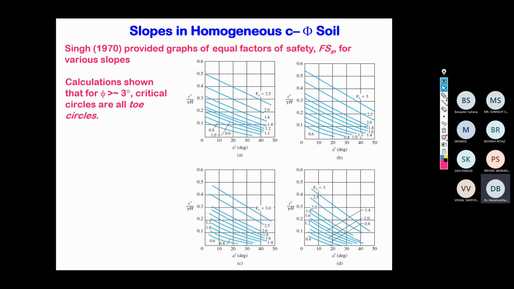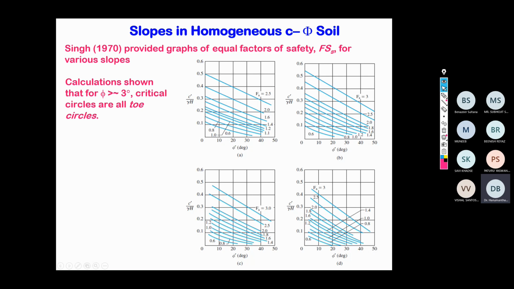That is how the friction circle method is used to determine the factor of safety. Alternatively, Singh in 1970 has given a bunch of predefined correlations, as we can see in this slide. He developed predefined curves between the stability number, that is C dash by gamma H, versus the angle of internal friction pi dash versus the factor of safety.